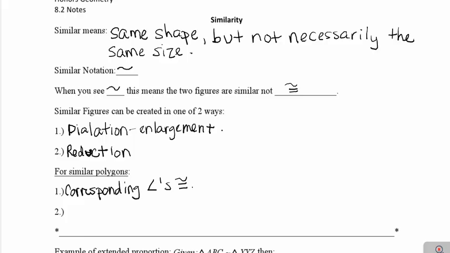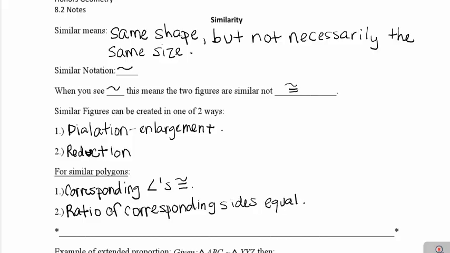Now, the part that makes it different from a congruent polygon is that the ratio of their corresponding sides are equal. Their corresponding sides are not necessarily going to be equal, but if we were to put their corresponding sides in ratios, those ratios would be equal.